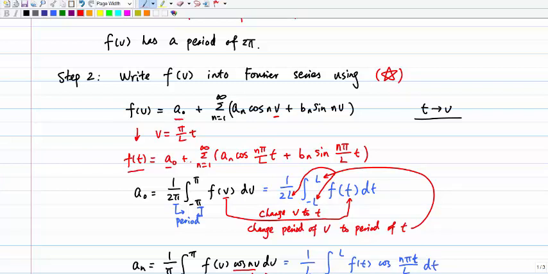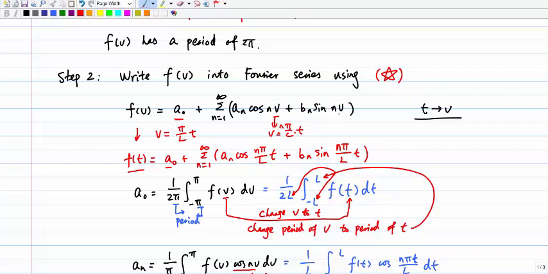This one plus the summation from n equals 1 to infinity of an cosine n pi t over L. The reason is that I change this v to pi over L times t, so if we multiply by n, that's n pi t divided by L.